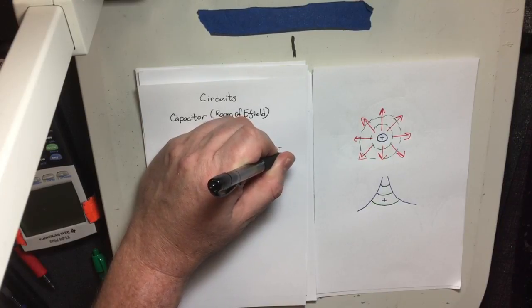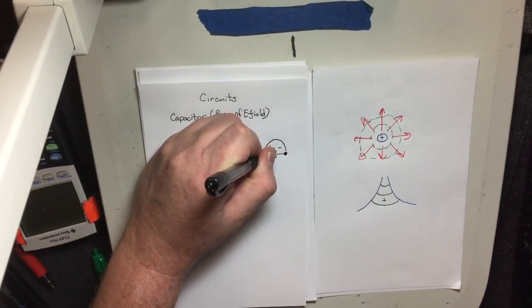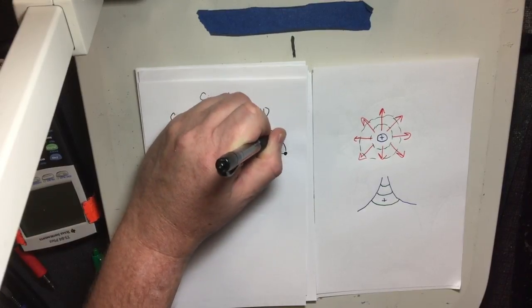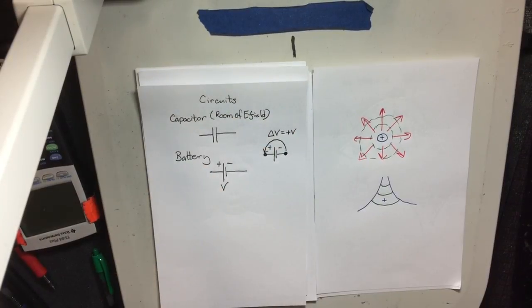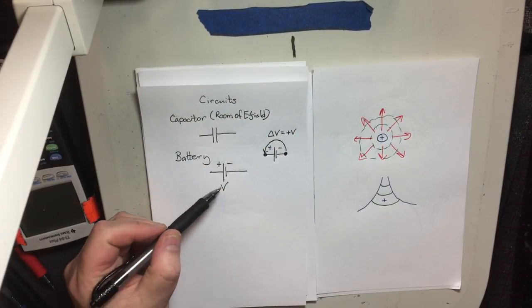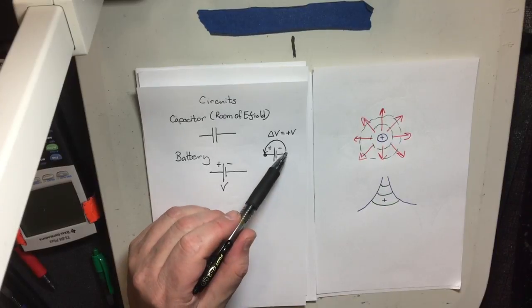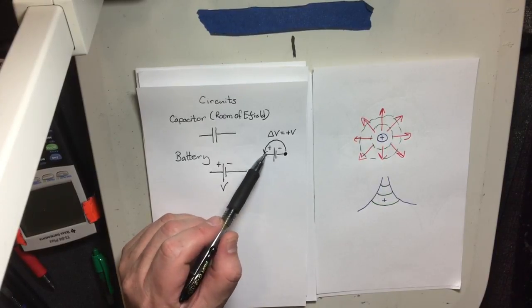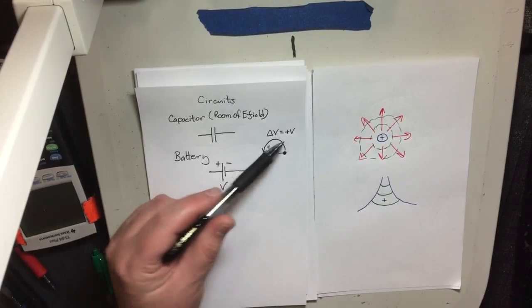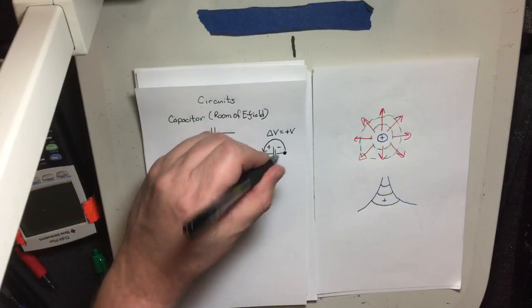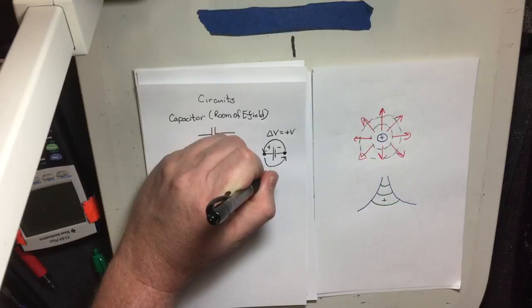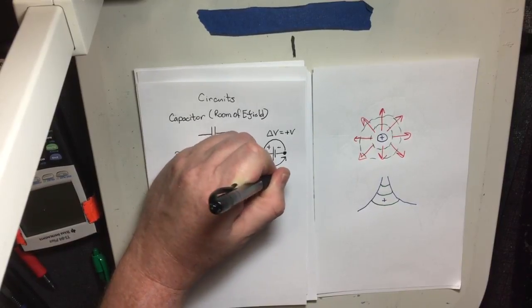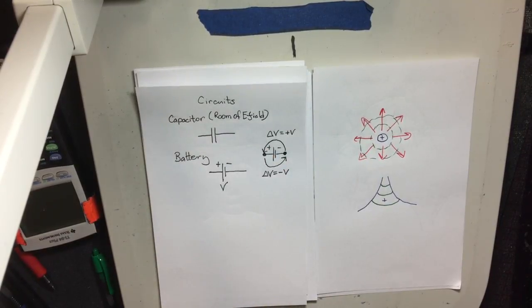If you started here and moved there, your change in potential will be positive V, whatever that battery strength is. So if this was a 10-volt battery and you compared the potential from there to there, the potential would increase 10 volts. If you went from there to there and looked at your change in potential, it's negative V.